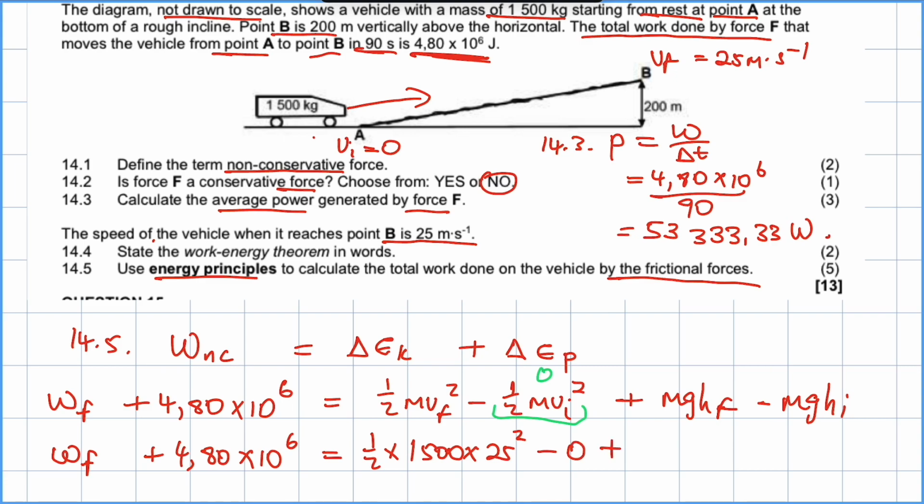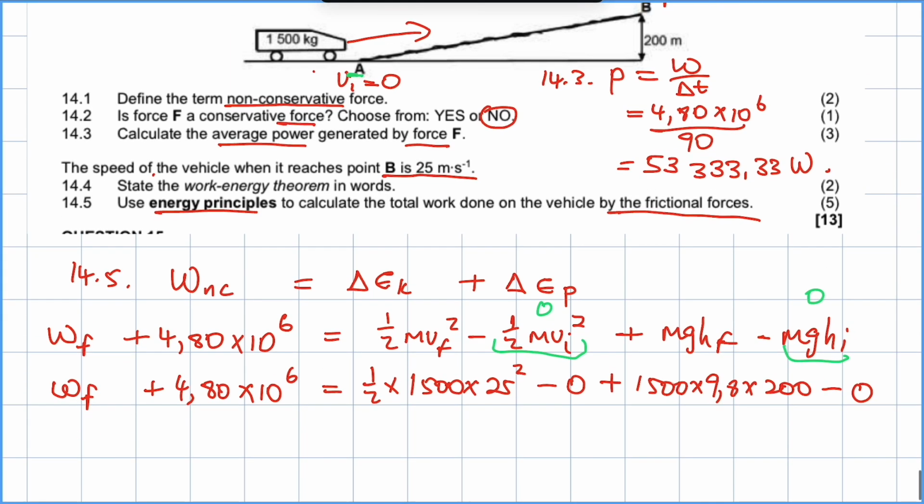Plus for final potential energy, it's 1500 times 9.8 times the height, which is 200. Initial potential energy, again, since the initial height is 0 at point A, this is also going to be minus 0.